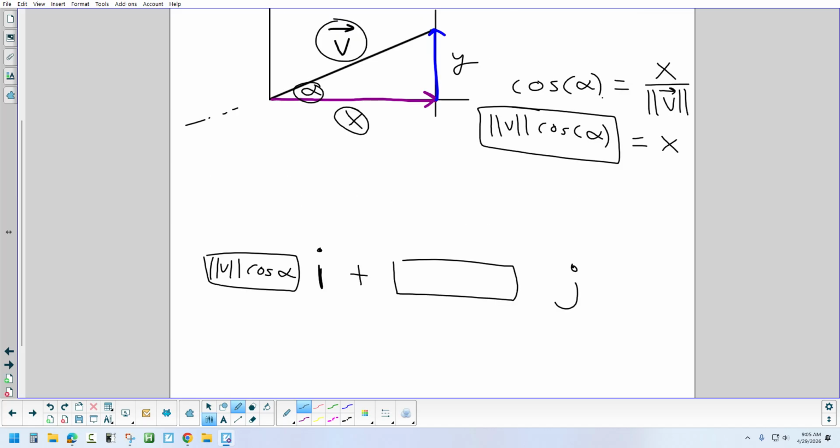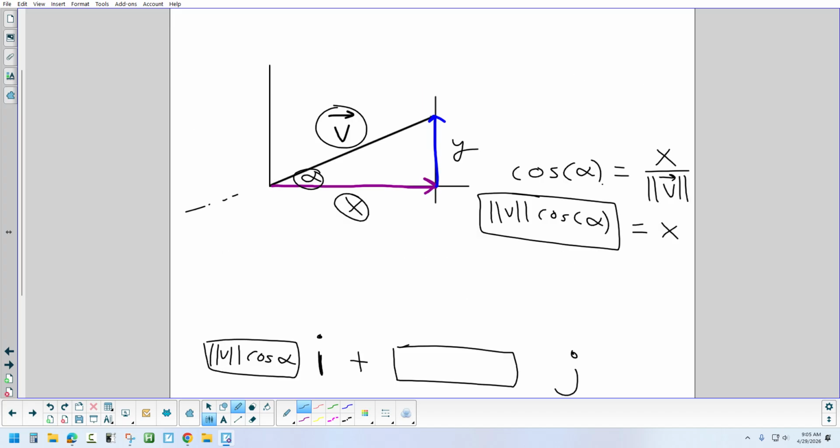Right, now we got to figure out a formula that's going to give us the number that goes in front of j, and that's going to be the length of the blue arrow. So what trig function would we use there? So we got to involve this, which will be given, that, which will be given, and that. Tangent is opposite over adjacent. Oh, sine. We need sine. Yep.